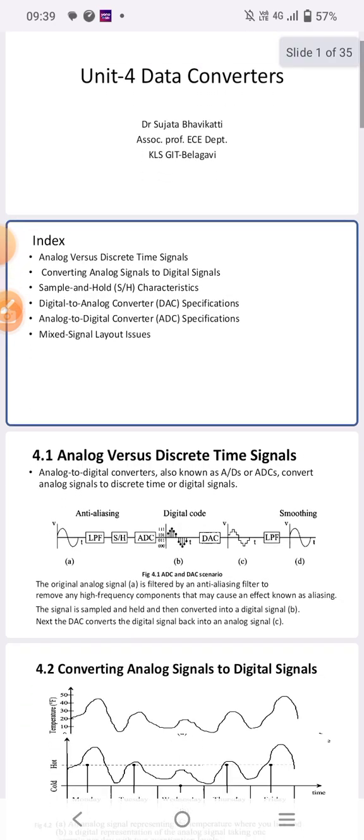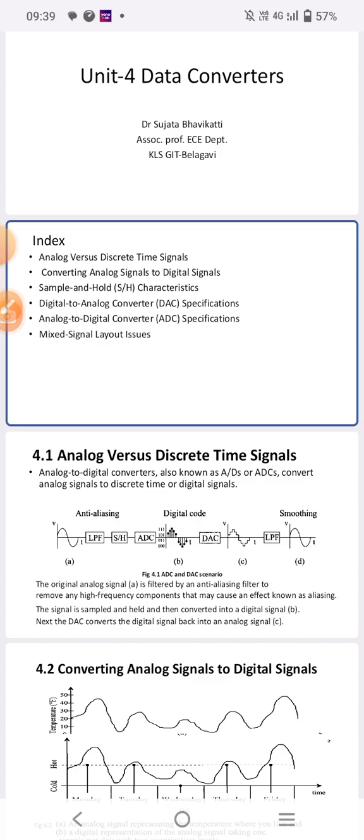Initially, as we see these data converters, in real time the signals that appear are analog in nature. But looking into the various advantages in terms of memory, speed, processing, and the mathematical equations, the processor designing, we find that digital systems have more advantage during processing of the signals.